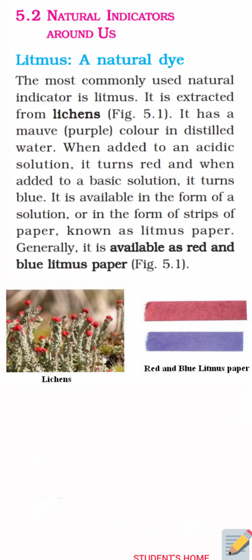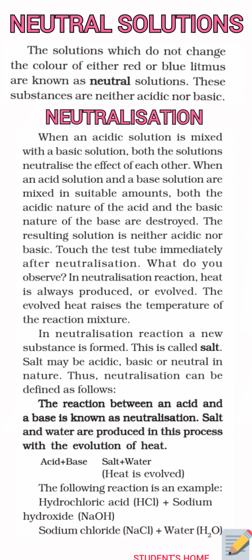It is available in the form of a solution or in the form of strips of paper known as litmus paper. Generally, it is available as red and blue litmus paper. Now class, I will tell you about a particular group of solutions which will not turn either red or blue.